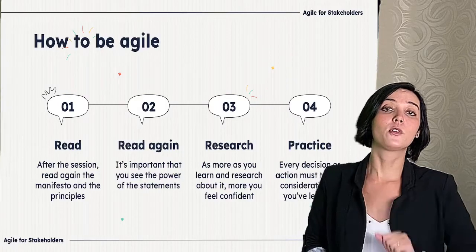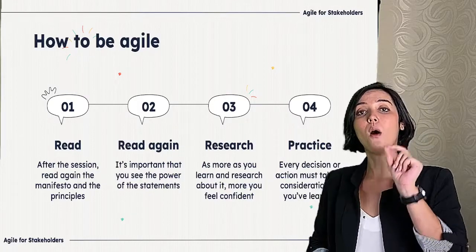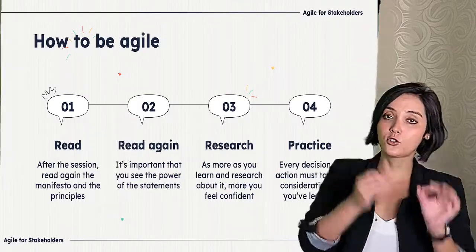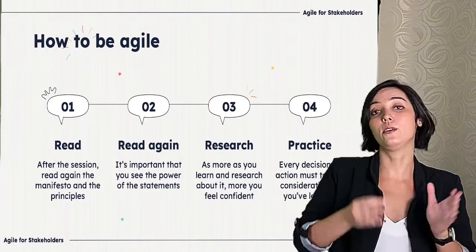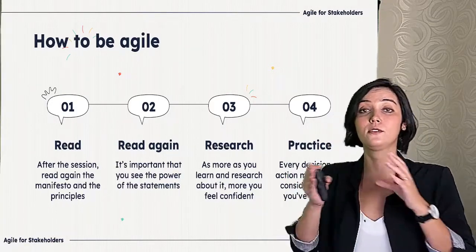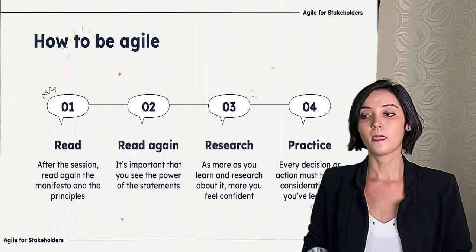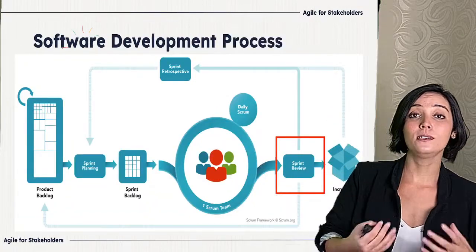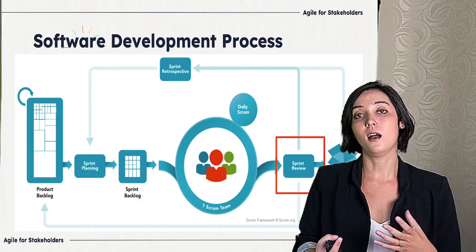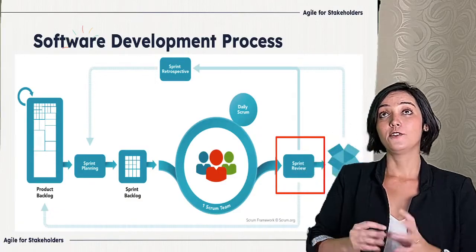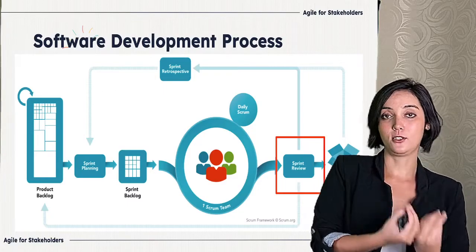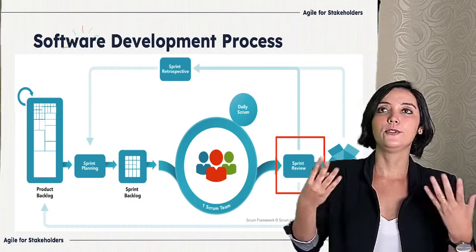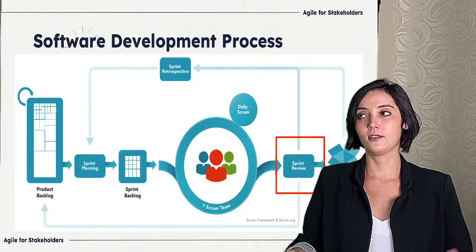Okay, now I'm going to show you why you are essential in a software development process. So now we are going to talk about software development. Okay, so this image shows how the Scrum framework works. To explain the Scrum framework in detail, I would need hours, days, or even weeks.